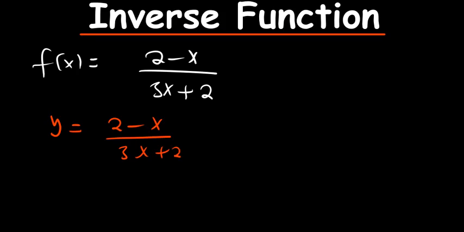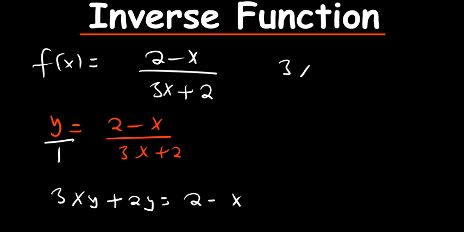Then you need to make x the subject of the formula. So I can cross multiply. If I cross multiply, I'll end up having 3x times y is 3xy, plus 2 times y, 2y, being equal to 1 times 2, which gives 2 minus x. So we are trying to make x the subject of the formula. Shift negative x to the other side, it becomes positive x, being equal to 2, and shift positive 2y to the other side, minus 2y.